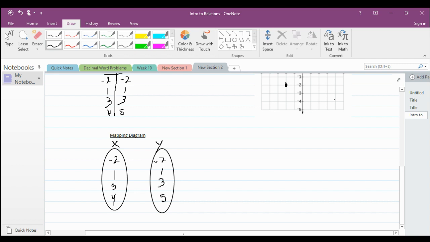And then the mapping diagram is just connecting with the line or the arrow what input goes with what output. And that gives you your mapping diagram.